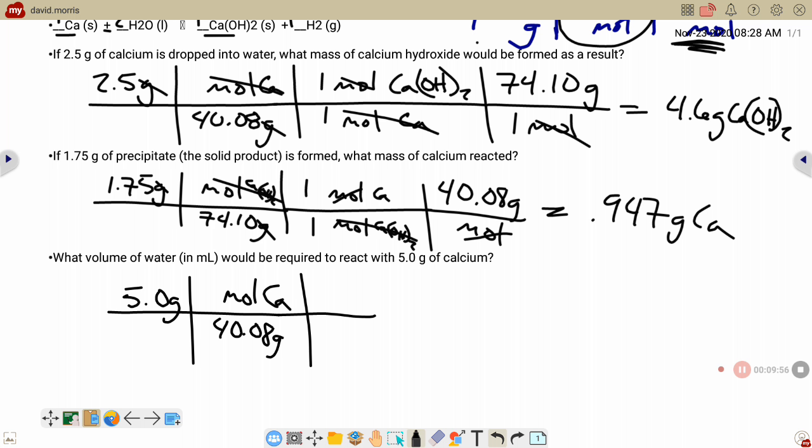It's 2 to 1, 1 to 2, one or the other. Where do I need which label? I got calcium here, calcium on the bottom. So the calcium has to go down here, which was a 1. The 2 went with the water, so I know which one to put where because I gotta make things work. If I gotta cancel moles of calcium, that's where that needs to go on the bottom. Moles of water goes on the top.